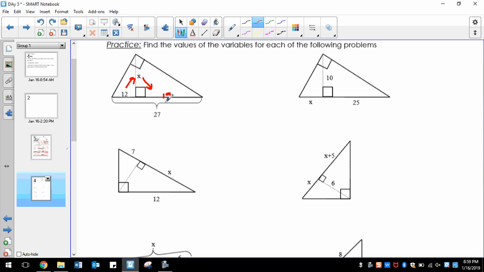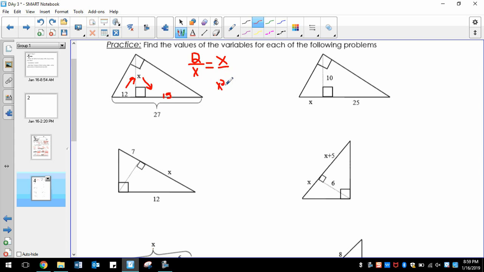So once you go ahead and deal with that, we're going to do 12 over x equals x over 15. Then once you set up that proportion, you can go ahead and cross multiply. So you would get x squared is equal to 180. And then of course you'd have to, oh my gosh, I'm writing way too big.